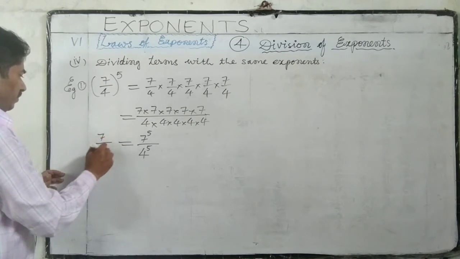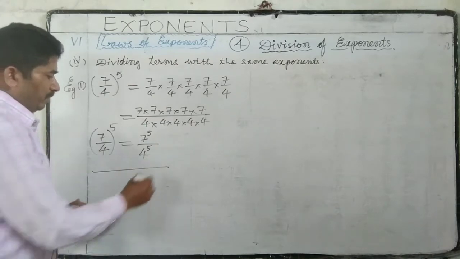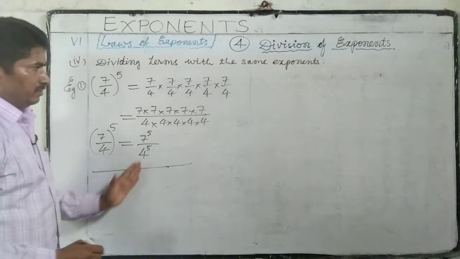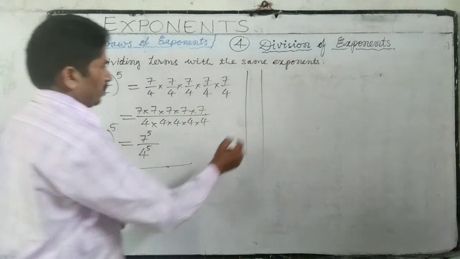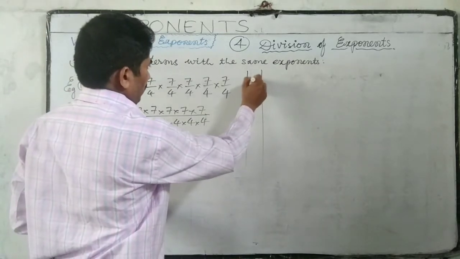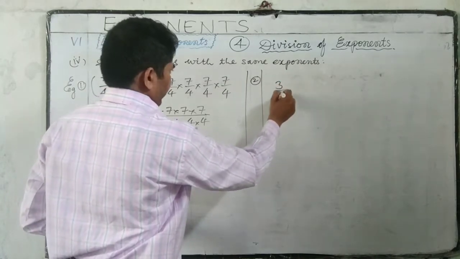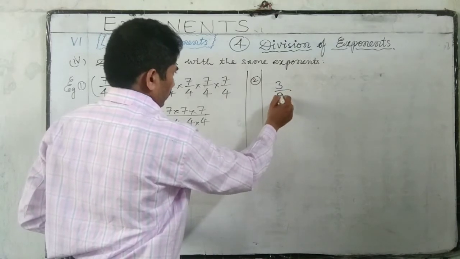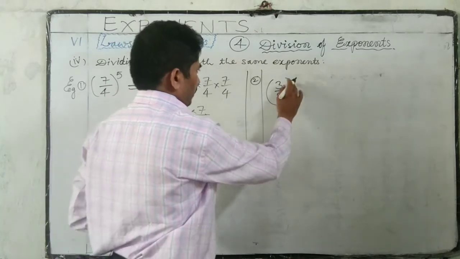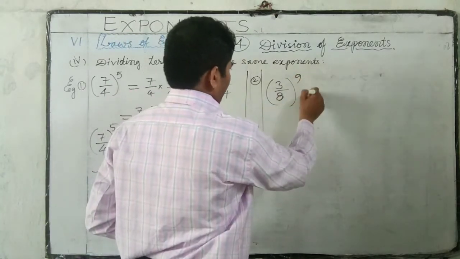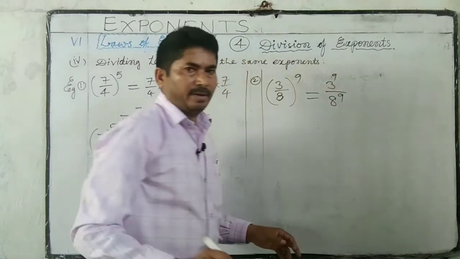So 7 by 4 all to the power of 5 is equal to this. By observing this, we can write one more example directly: 3 by 8 all to the power of 9 is equal to 3 to the power of 9 by 8 to the power of 9.